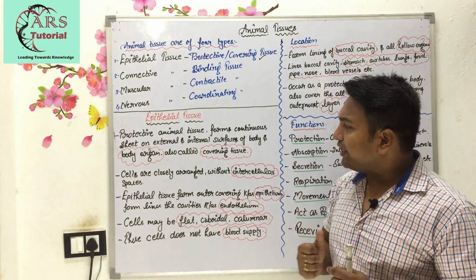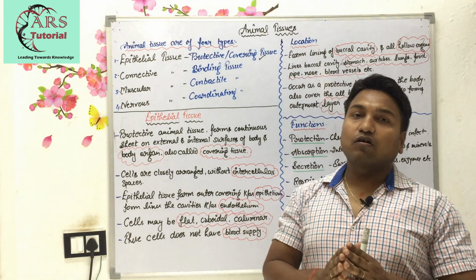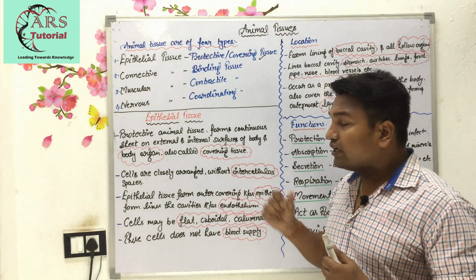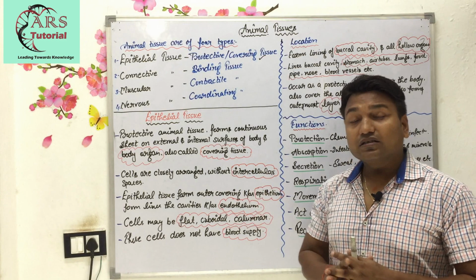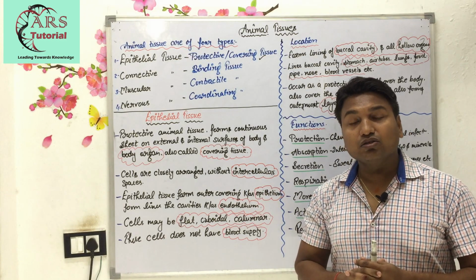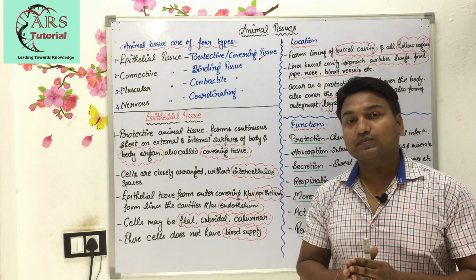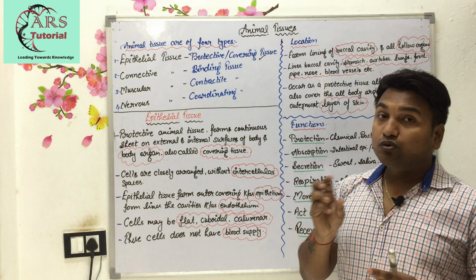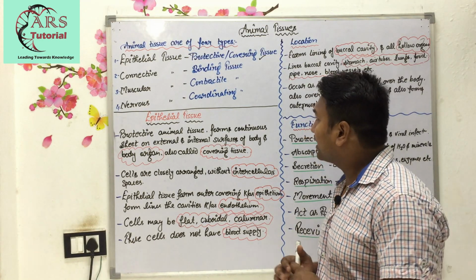Now the next point is that the cells are closely arranged. The cells of epithelial tissue are closely packed without any intercellular space, meaning there is no intercellular space present between two cells of epithelial tissue. You can see this with the help of the diagram here.